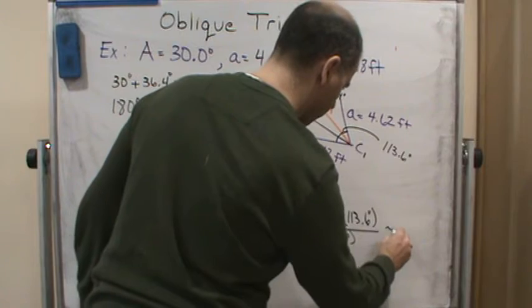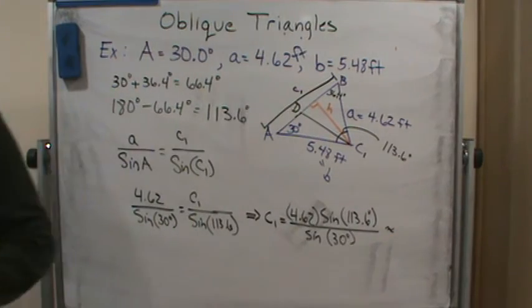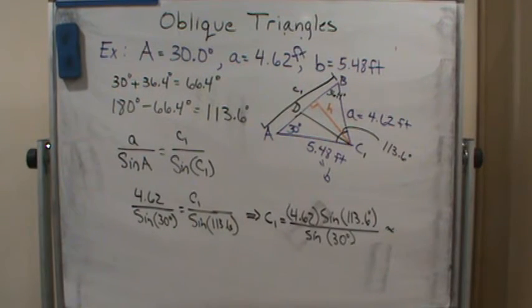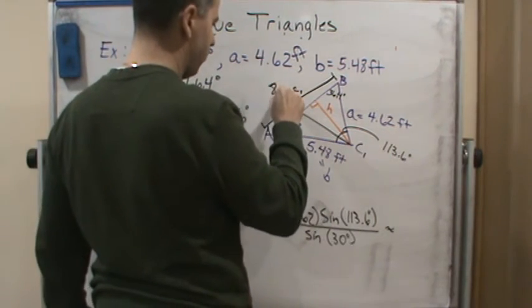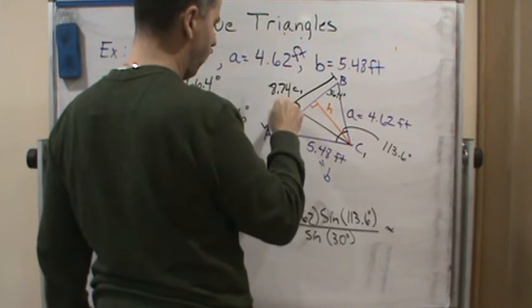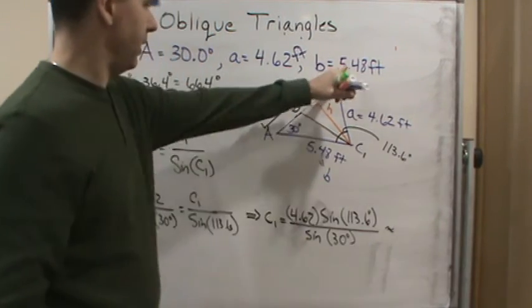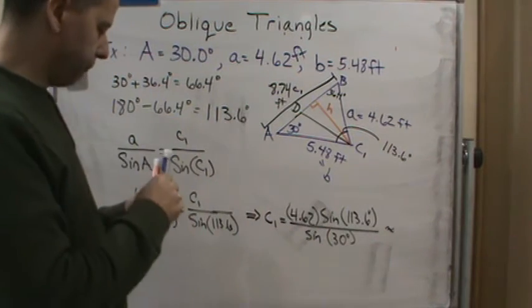And so if we put that in our calculator, we get approximately 8.74 feet. Okay, so that's C1.